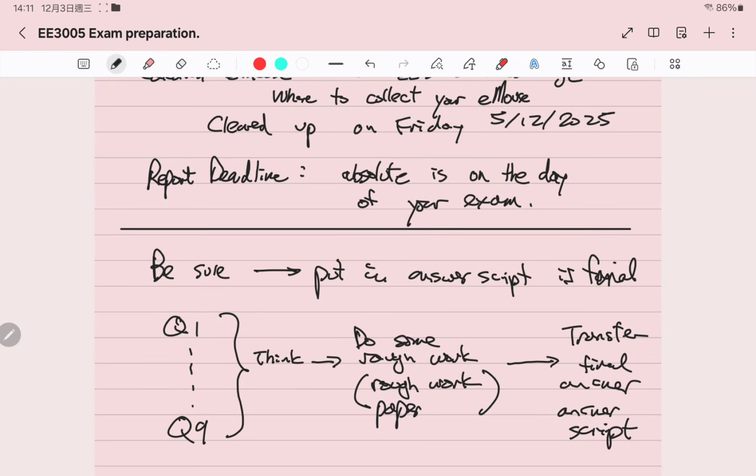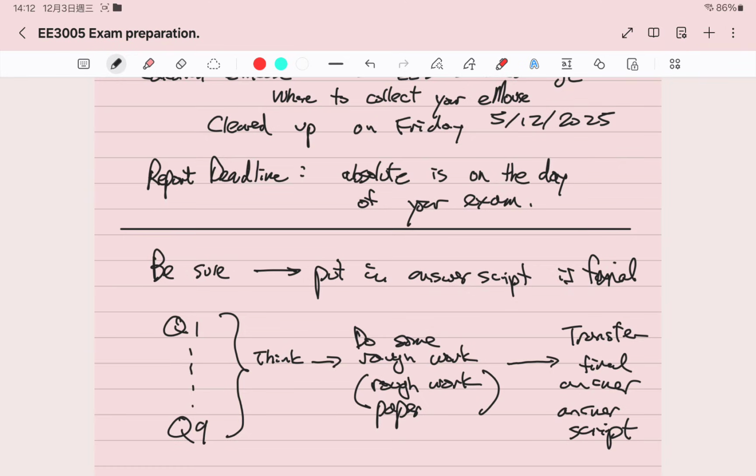For many years, I've seen students sit down and start writing without even thinking. They write a lot of things, and afterwards they just cross them out. Then 90% of the whole exam answer script is crossing out.